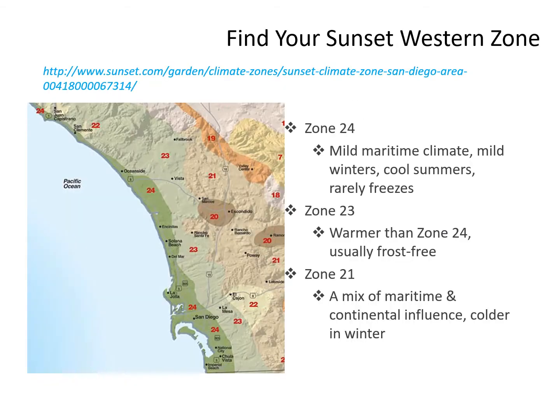So instead, the standard for our region is to use the Sunset Western zones. Most nurseries will list both types of climate zones, but this is the standard for our region.